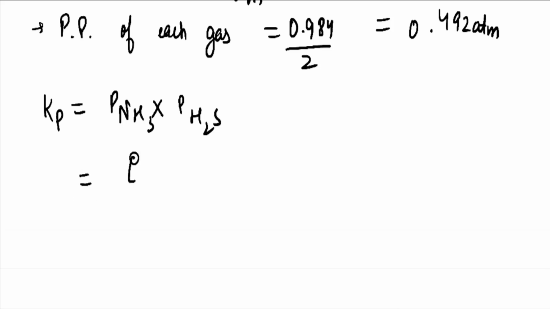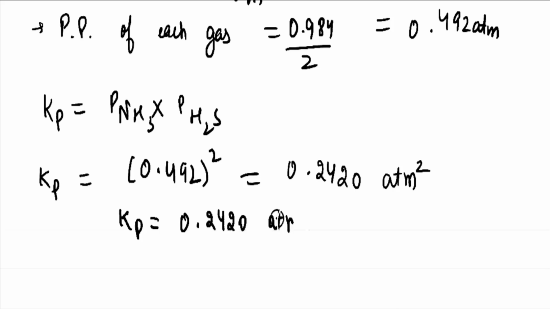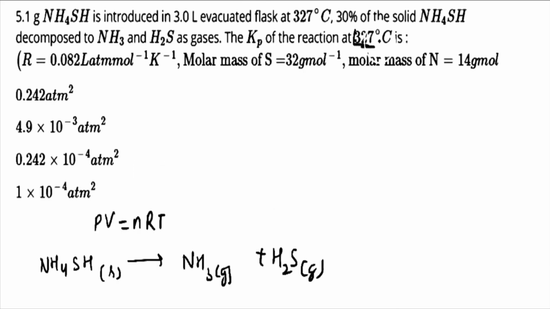On solving this, it is 0.492 whole square, which is equal to 0.2420 atmosphere square. So Kp for the reaction at 327 degrees Celsius is 0.242 atmosphere square. So option 1 is the correct answer of this question.